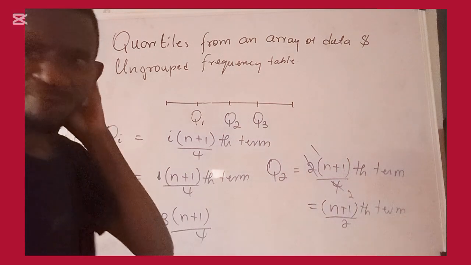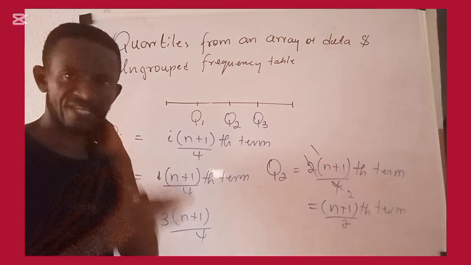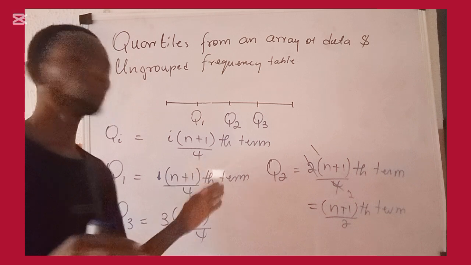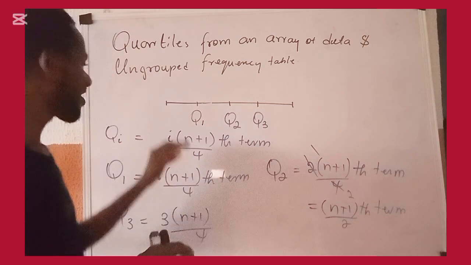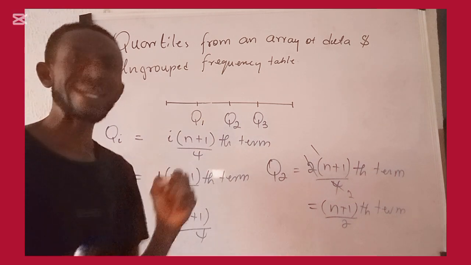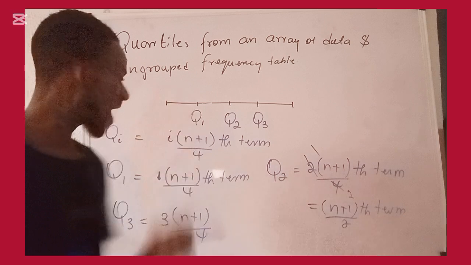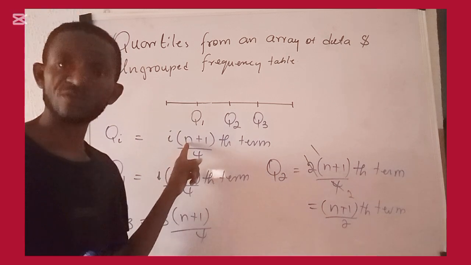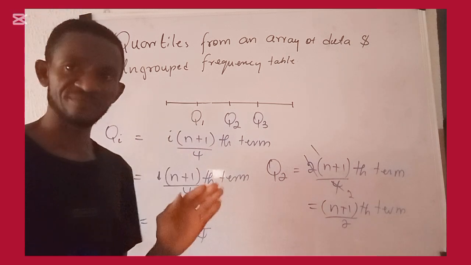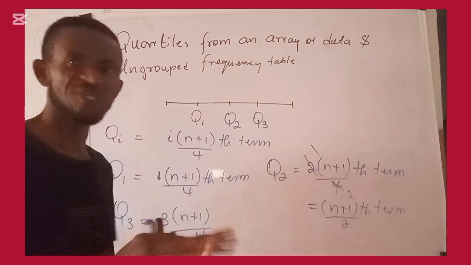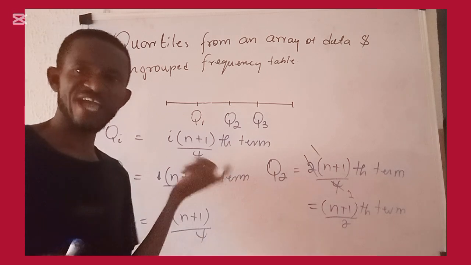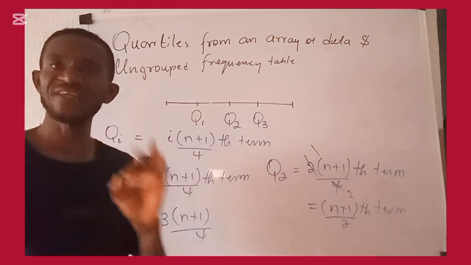Now, I'm going to make a little emphasis here that the approach we are going to use to calculate these formulas stands even when our n is odd or when n is even. So we are not going to specify whether when n is even use this and when n is odd use this.